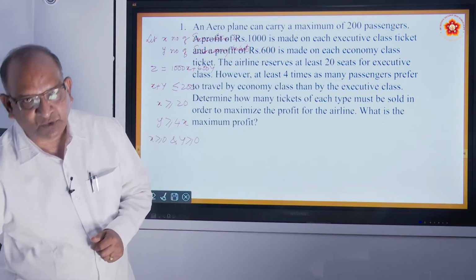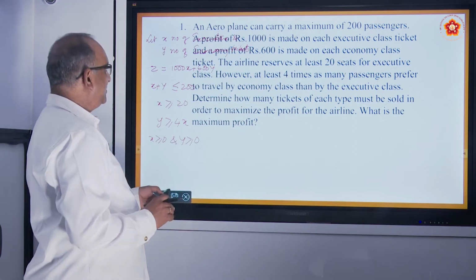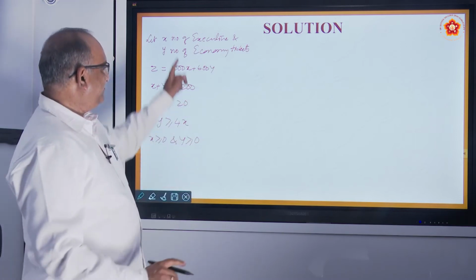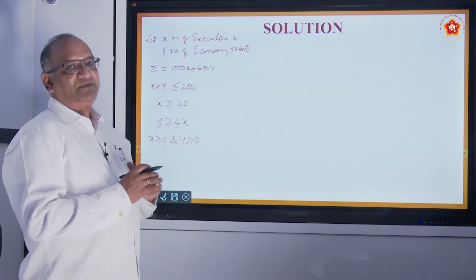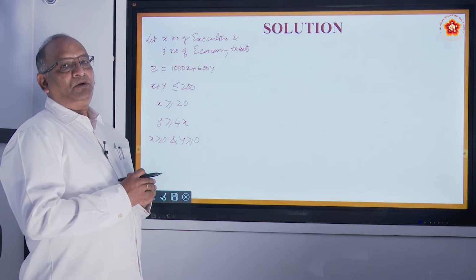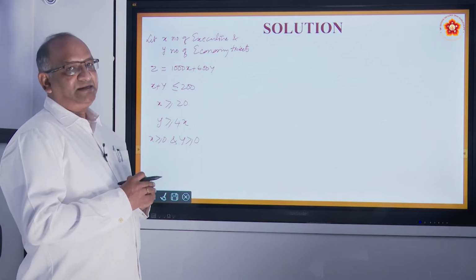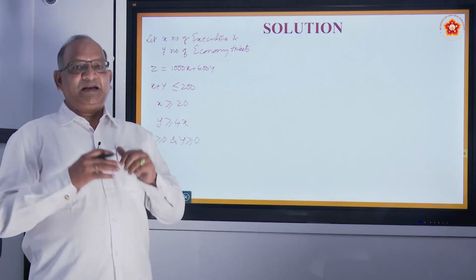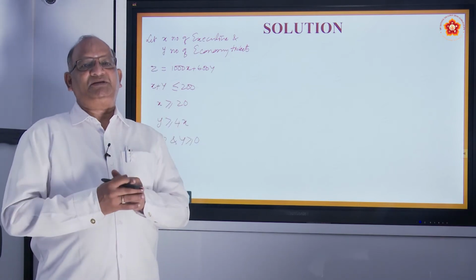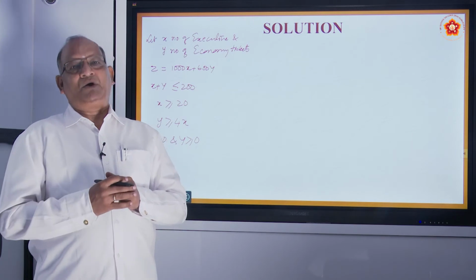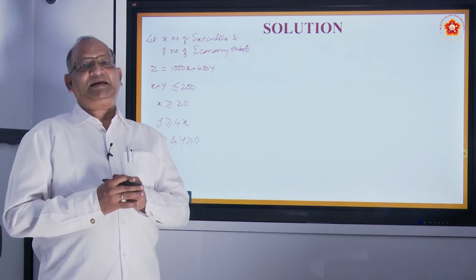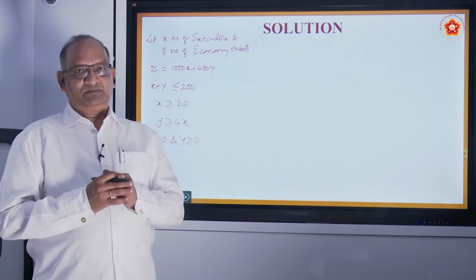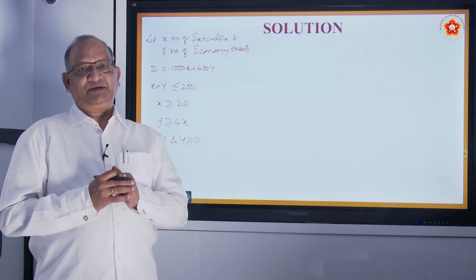So let us move on to solve this problem. This much information is given. With the help of this, we wish to draw the graphs and then solve the problem. What is the procedure we follow? We convert inequations to equations so that straight lines can be drawn. After drawing the straight lines, what is our objective? To shade the portion according to the inequation.